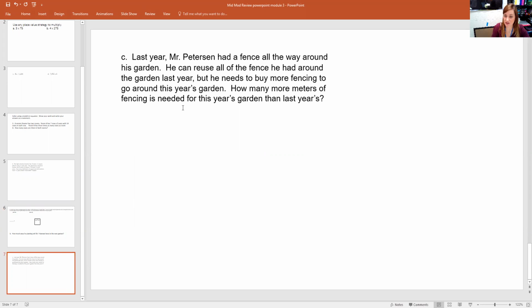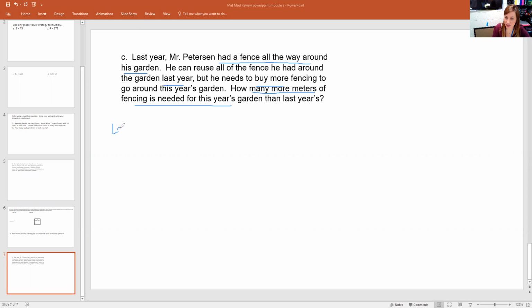How many more meters of fencing does he need for this year's garden than last year? So we've got several things going on here. We know he had a fence all the way around his garden. So when you go all the way around, I think immediately of perimeter. We know that he can reuse that fence that he had last year, but he needs to buy some more. And they're asking how many more meters does he need for this year?